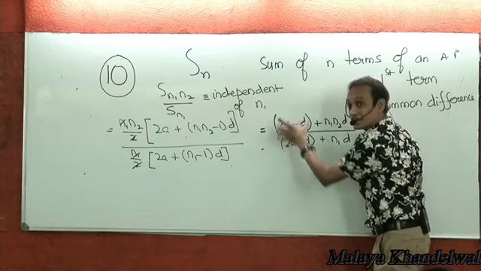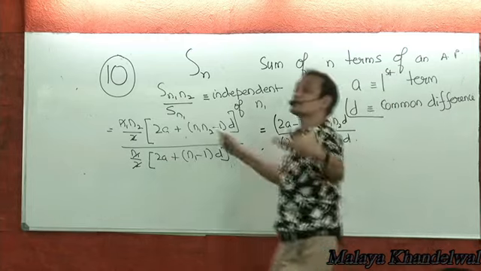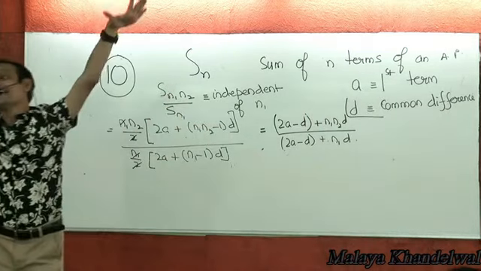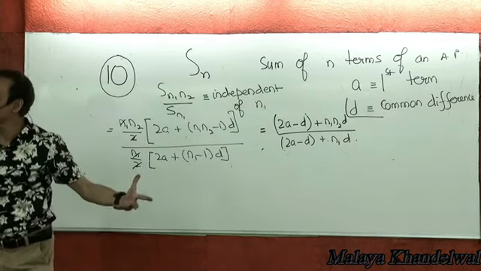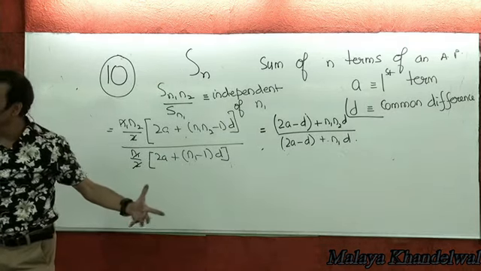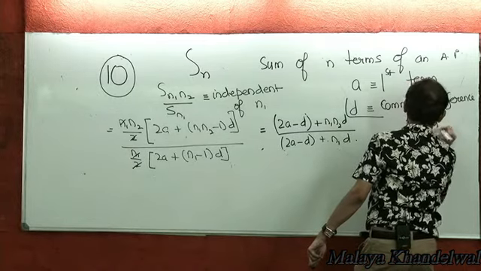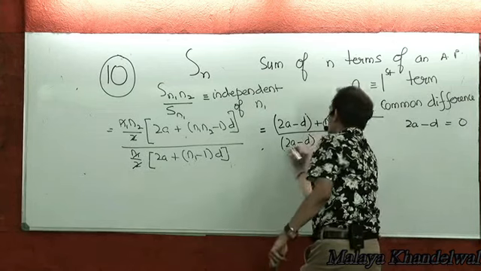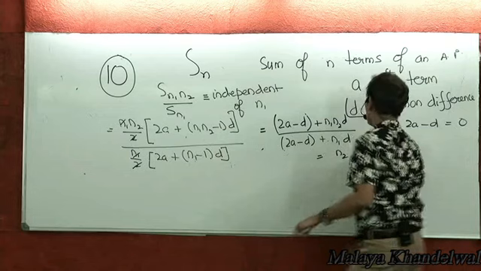If 2a minus d was 0, then this n1 could have got cancelled with this n1. This expression would become independent of n1. Yes or no? That's a little ordinary observation and inspection. So if 2a minus d is 0, then this is 0, this n1 will get cancelled with this n1 and this will be simply n2.